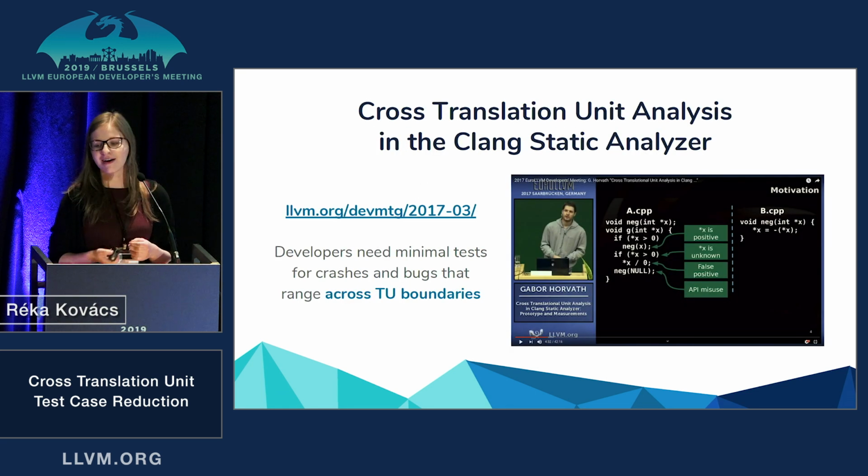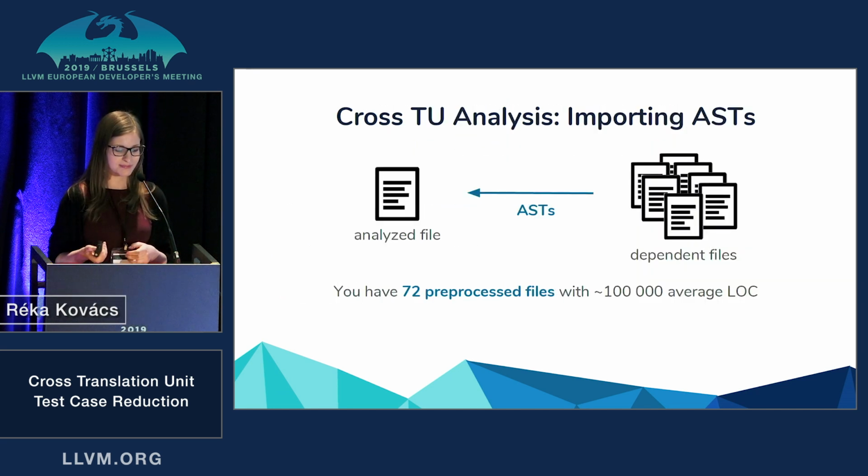Well, my colleague Gábor Horváth presented to you 2 years ago a new feature in the Clang Static Analyzer called cross-translation unit analysis. This is still kind of an experimental feature, so we are working on it. And my colleagues need minimal test cases for crashes and bugs that come up when we analyze multiple files at once.